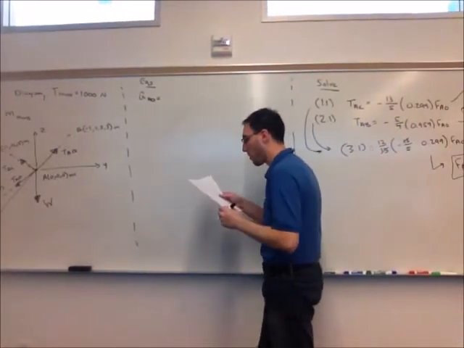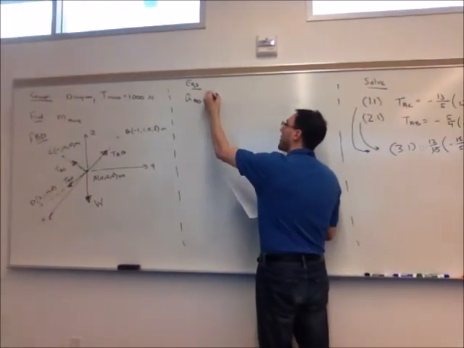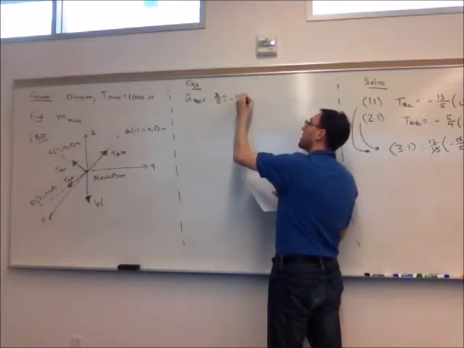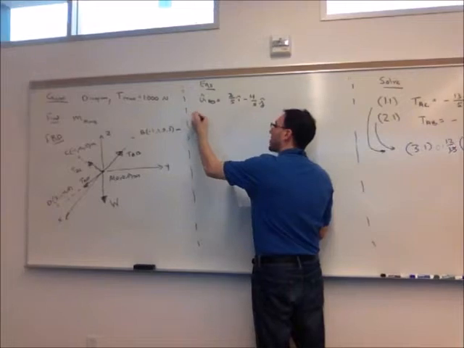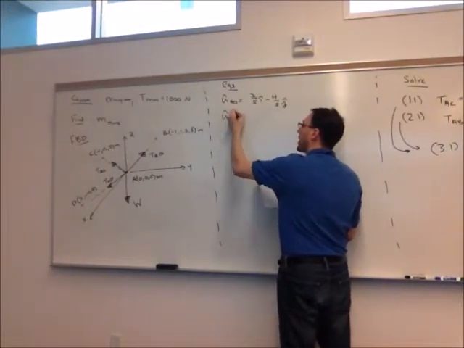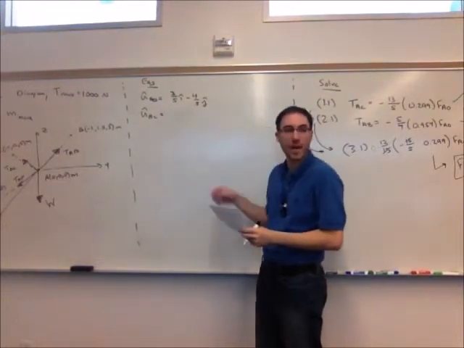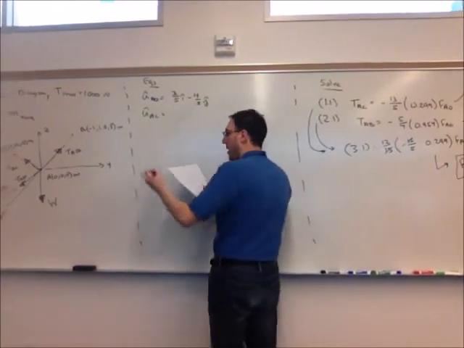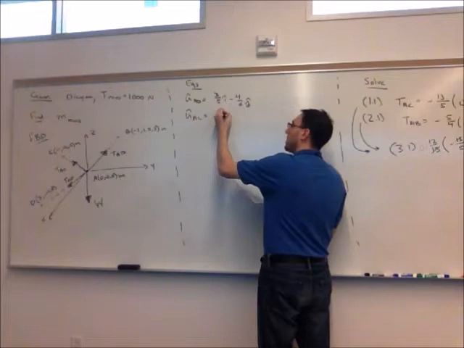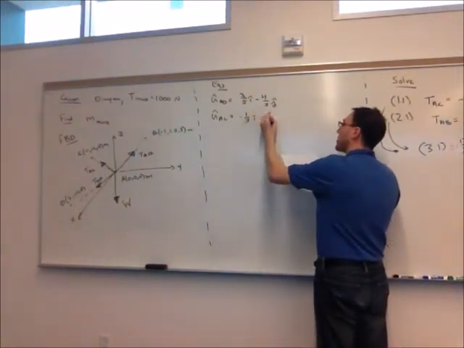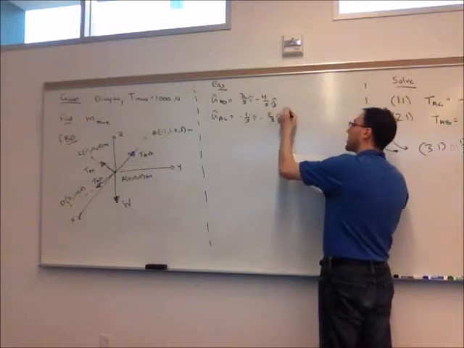So AD, we're going to get 3/5 i minus 4/5 j. If you had trouble with the unit vector step on the quiz or on the homework, I recommend you go through the steps and make sure you're getting the same values for these when you're reviewing this problem. For AC, we get negative 1/3 i minus 2/3 j plus 2/3 k.